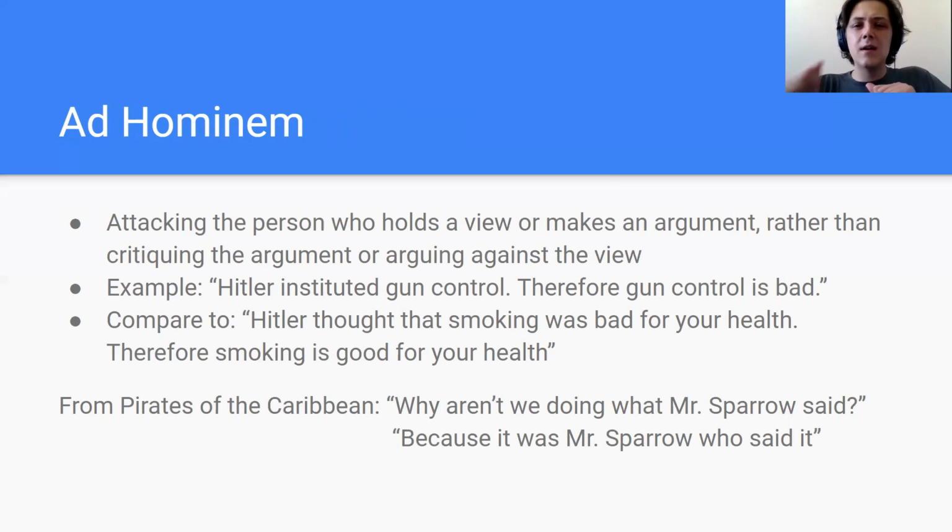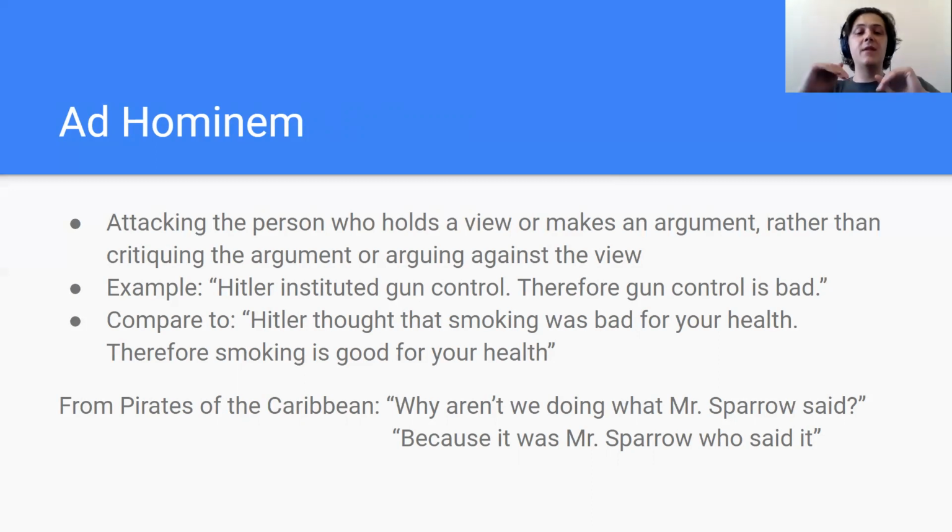All right. Another fallacy is called the ad hominem fallacy. The ad hominem fallacy is also sometimes referred to as an ad hominem attack, because the way the ad hominem fallacy works is you attack the person who holds a view or makes a statement rather than critiquing the argument that the person made, or rather than providing an argument against the view itself.